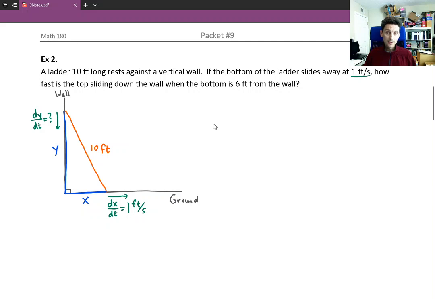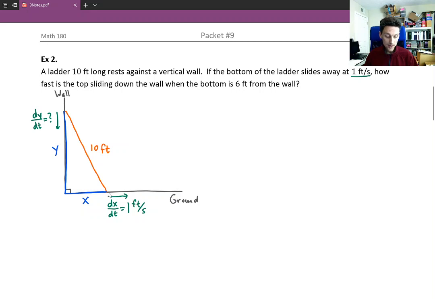Now what sign would you expect dy dt to be? Positive or negative? If you said negative, that would be correct, because the y variable represents that vertical distance, and that should be shrinking over time.